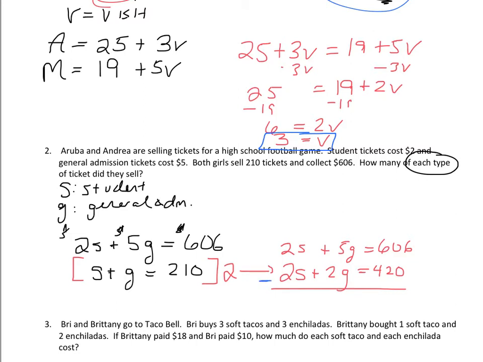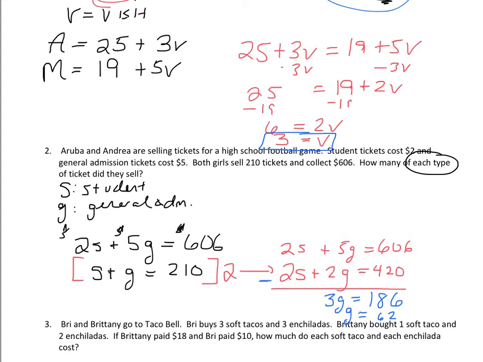So 2s minus 2s is gone. 5 minus 2 is 3g. 606 minus 420 is 186. And if I divide by 3 on both sides, you get 62. So 62 general admission tickets were sold.